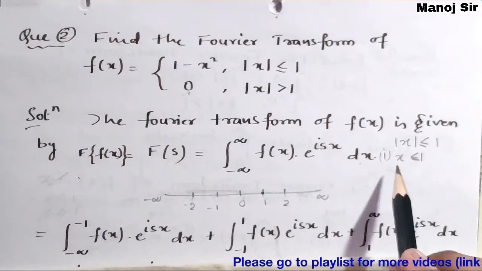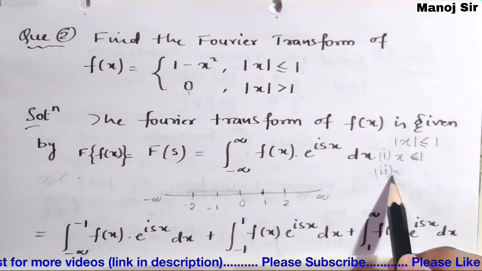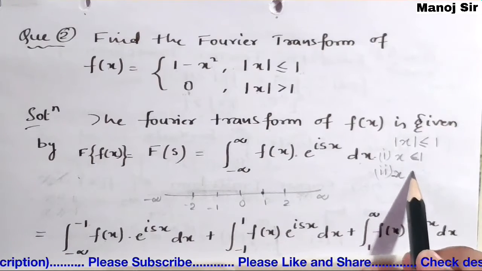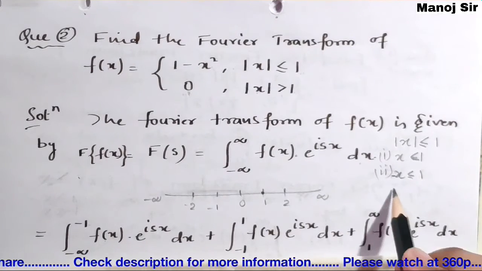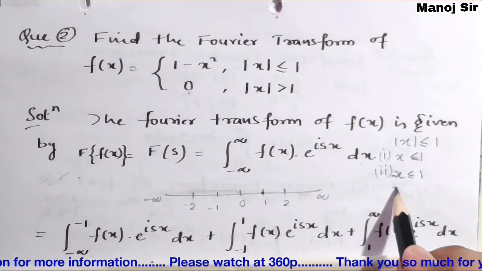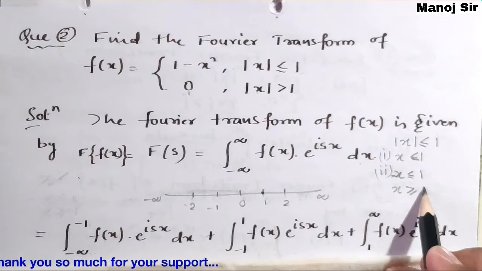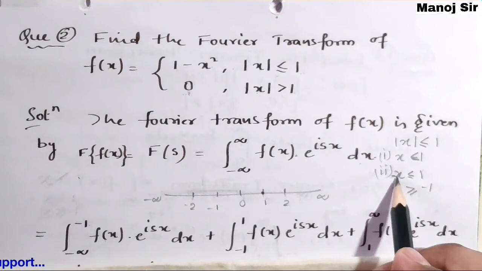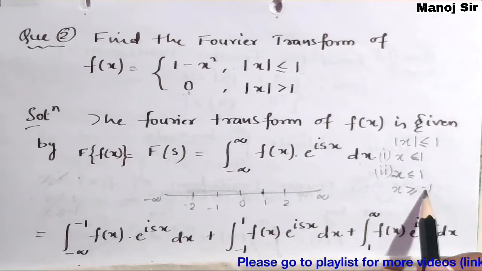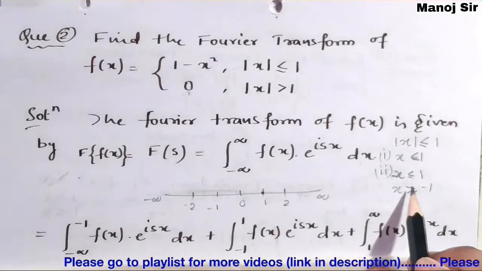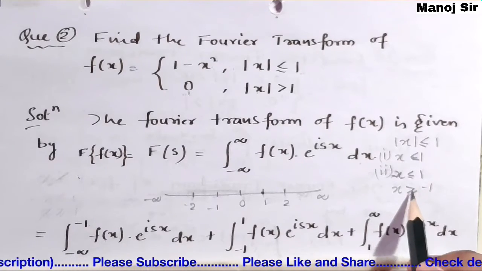Now if you take the second case, that is x is negative, that is minus of x is less than or equal to 1. If you multiply negative on both the sides, minus x will become positive x, 1 will become minus 1, and the sign will change from less than or equal to, to greater than or equal to.